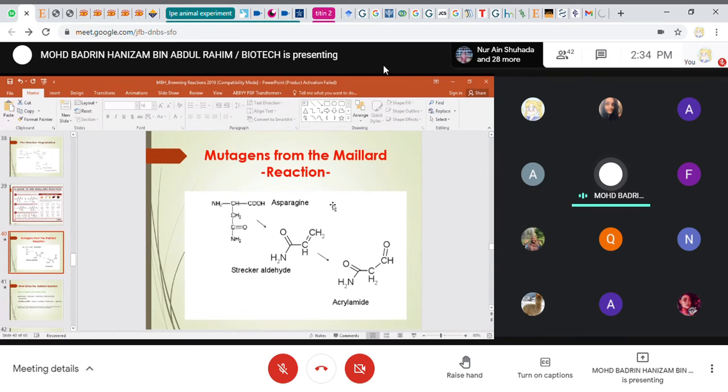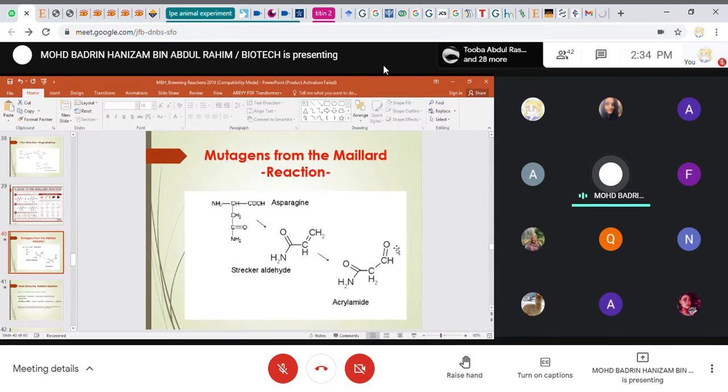If the Maillard reaction starts with asparagine, we can have aldehyde, and later on the end product is acrylamide. So acrylamide is a highly carcinogenic, toxic compound.